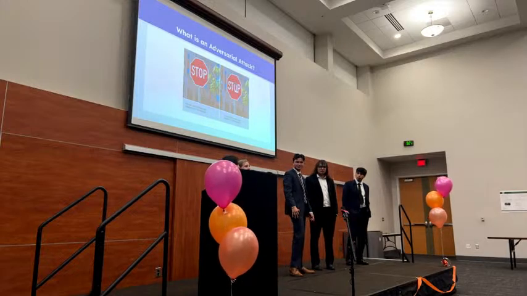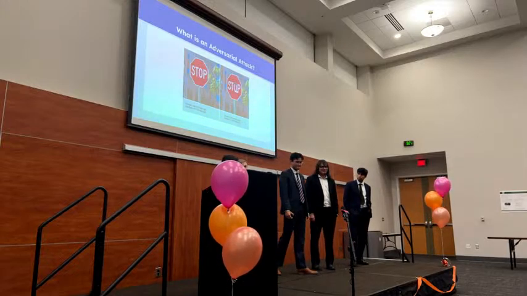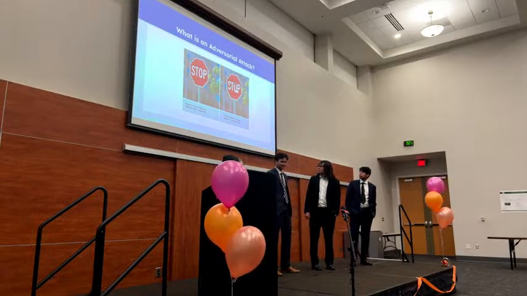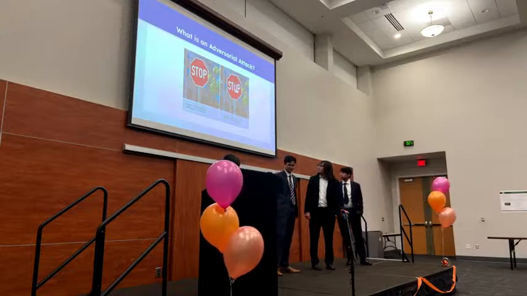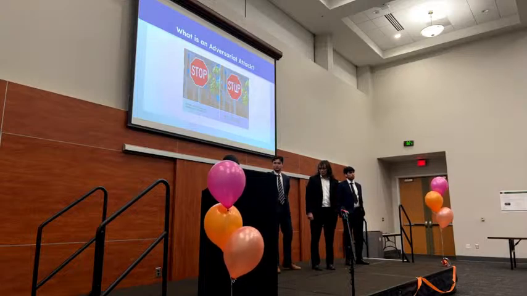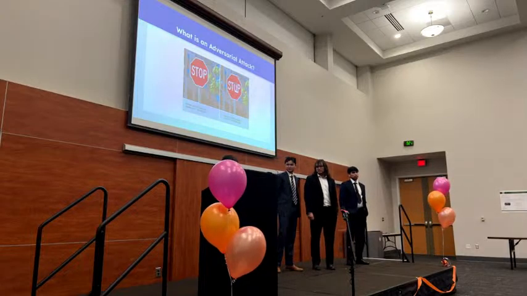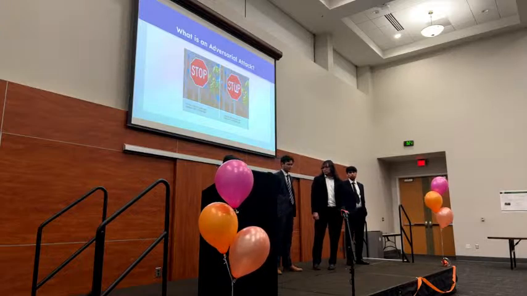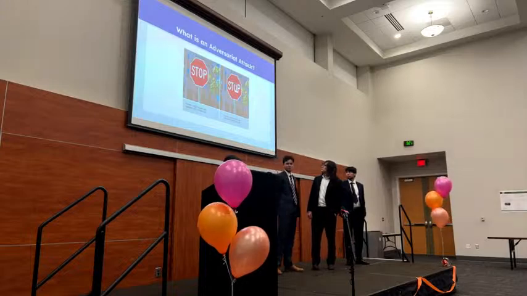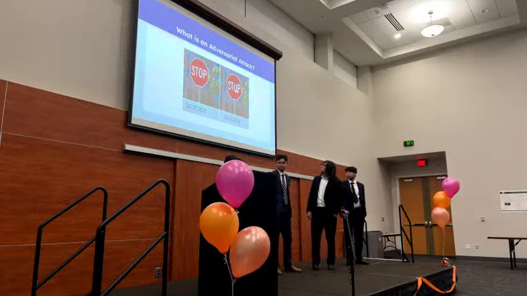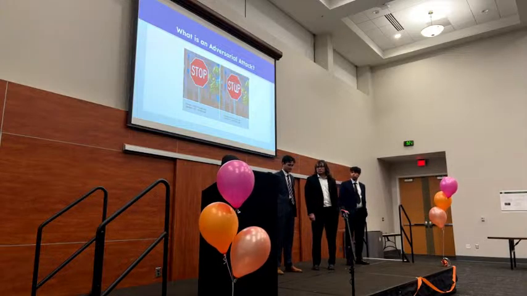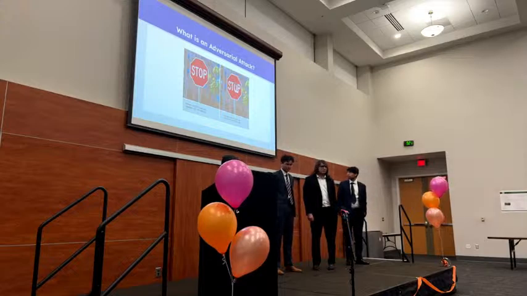So for the very important part of our project, which is the attack on the model, what is an adversarial attack? As you are looking at these two images, you're probably able to identify both as stop signs. But a machine or a predictive model that looks at images and determines whether it's a stop sign or not had no problem identifying the first image as a stop sign, but just by adding 3 lines to the second image, the machine was only able to identify the second image as a stop sign less than 1% of the time.